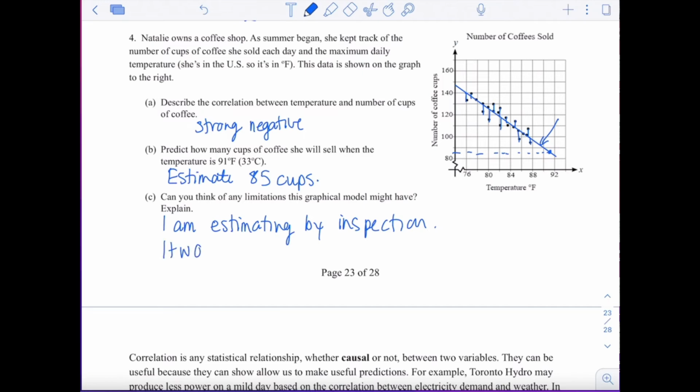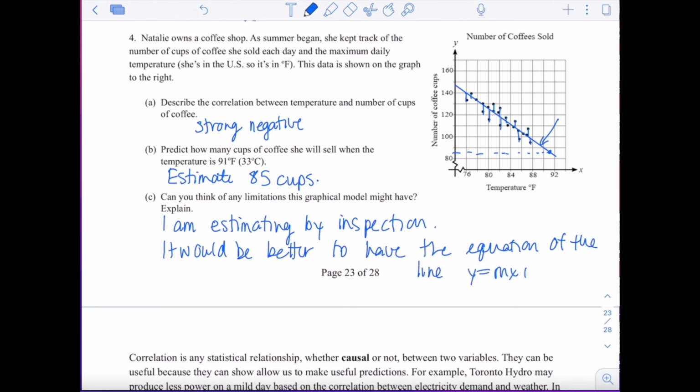It would be better to have the equation of the line, right? Y equals mx plus b. And then I could put in x as a temperature, and I could figure out what y is based on that. And then my answers would be more consistent.